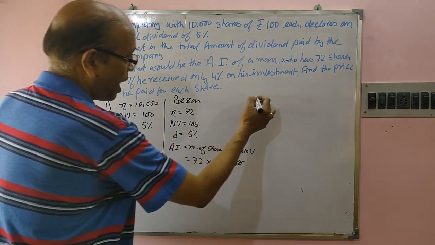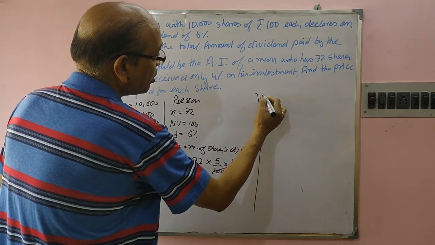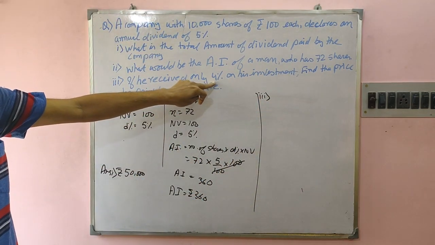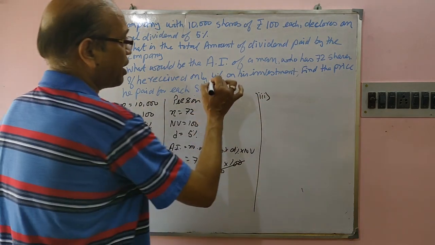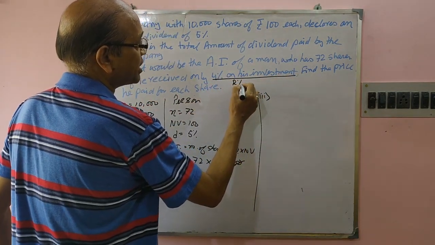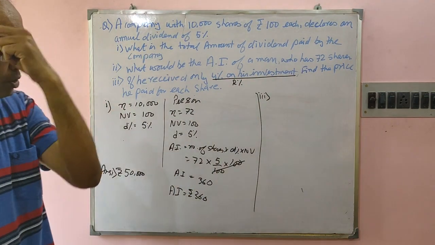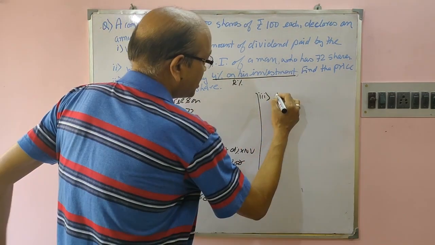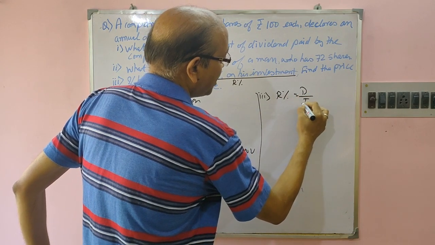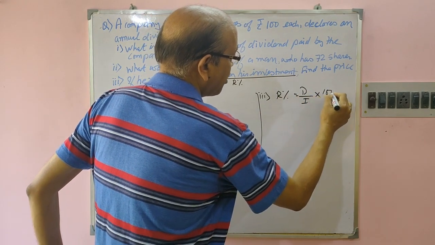Now for the third part. If he received 4% on his investment, 4% on his investment means return percent. Return percent is dividend by investment into 100.